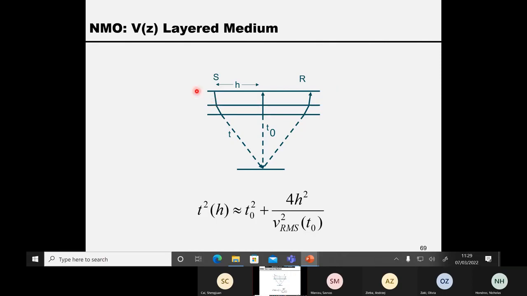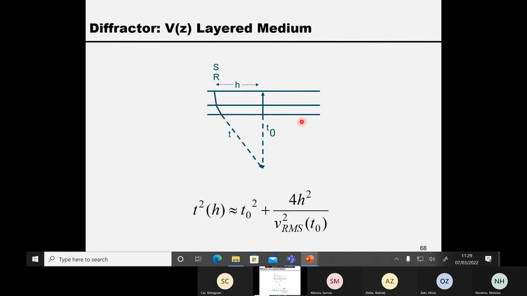So in NMO, the h here is half of the distance between source and receiver, and in migration, the h here is the horizontal shift. The source-receiver point is here, but the reflector point is here. You can see the horizontal shift. The mathematical formulas are identical, but the physical meaning is different; h here is different.